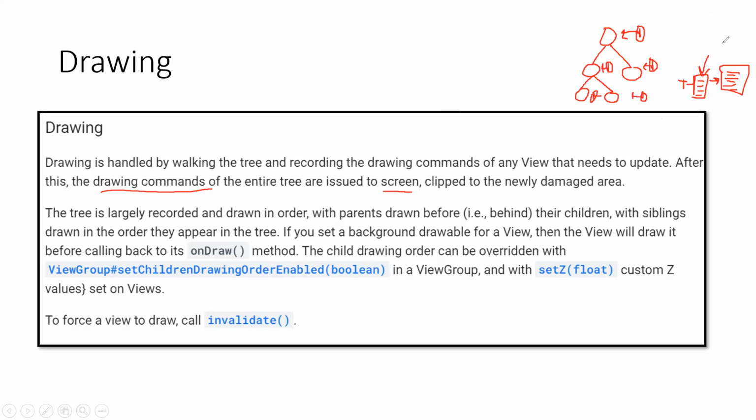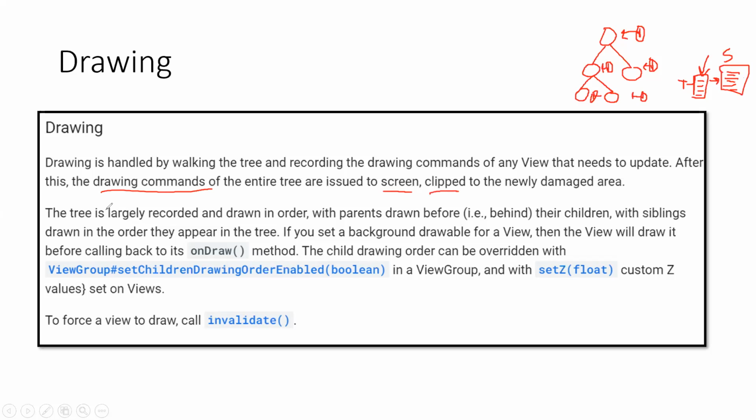So this is the screen I was talking about. And these are clipped to a newly damaged area. Let's say you have resized a particular screen, and after resizing, some of the drawing is not visible, so that drawing is clipped.